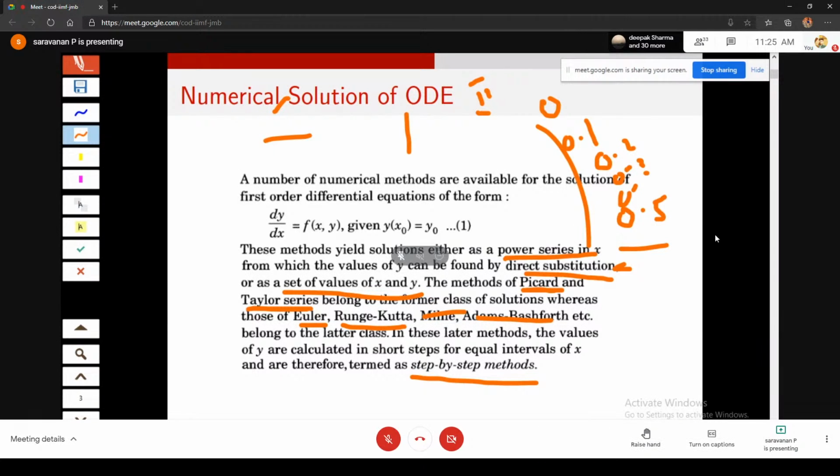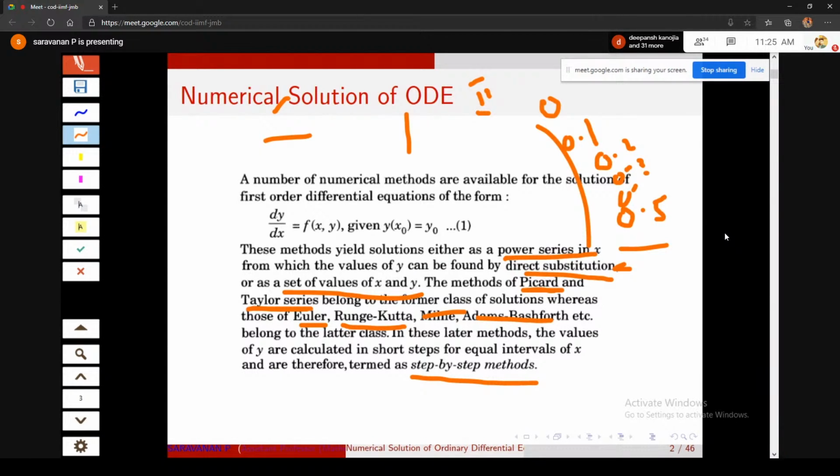Because of this, sometimes this method is also known as the step-by-step method. We are not computing the value in a single step. We are using the h value to compute the value in multiple steps. Whereas in the first method, we get some series, and there you substitute the x value to get the y value directly. Picard's method and Taylor series method are the series methods.